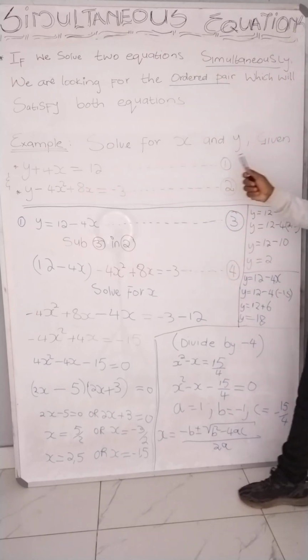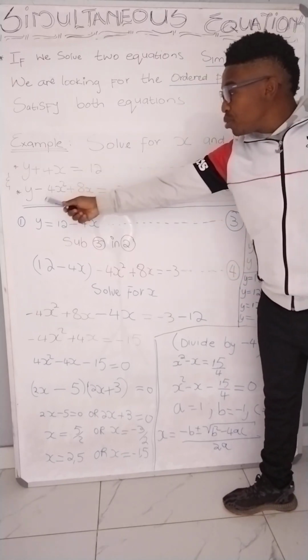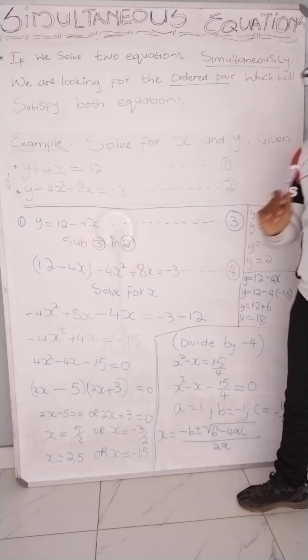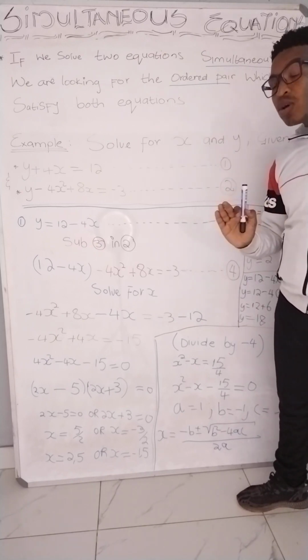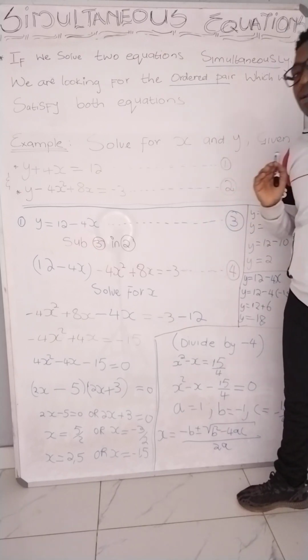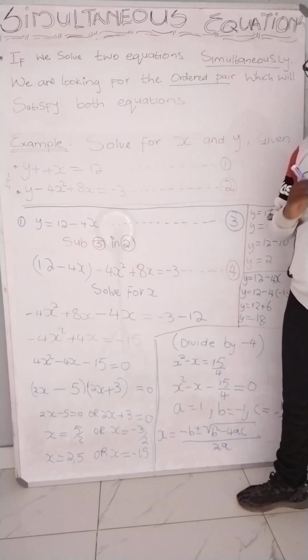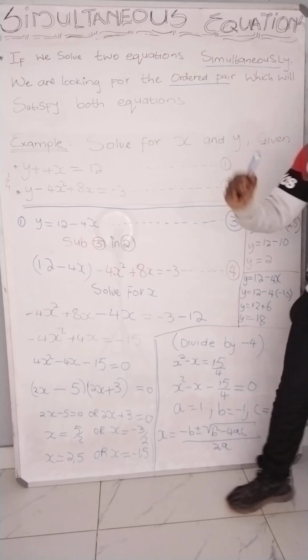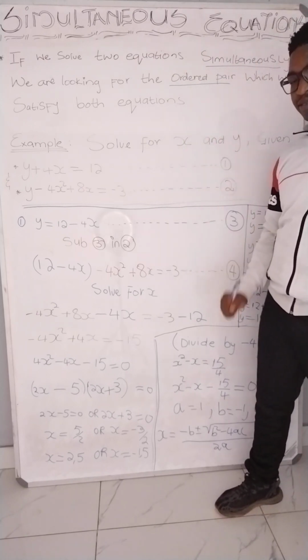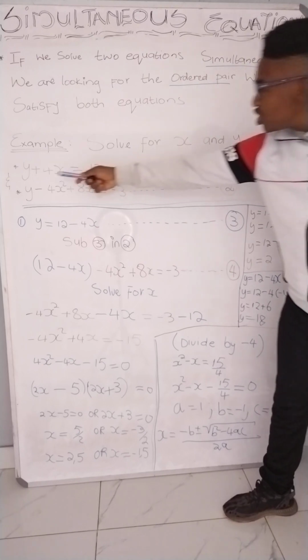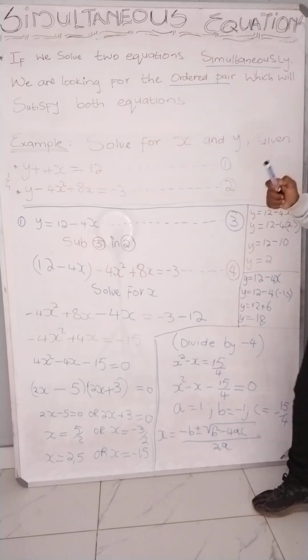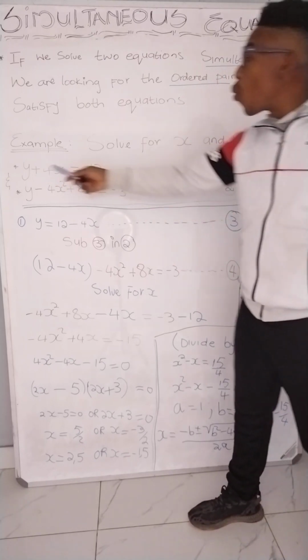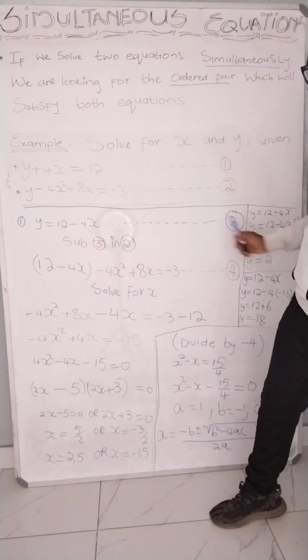You labeled your first equation, you labeled your second equation, you look for the equation that is least complicated, that is not likely to give you fractions and is relatively simpler to work with, and then you make equation 3 out of it. Okay, so we have taken equation 1 and we have made y the subject of the formula.